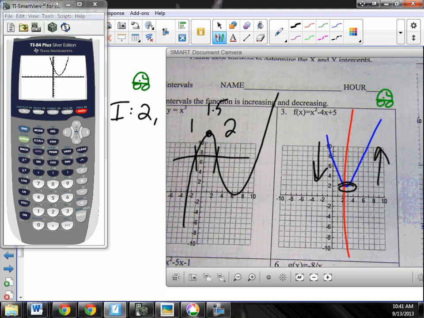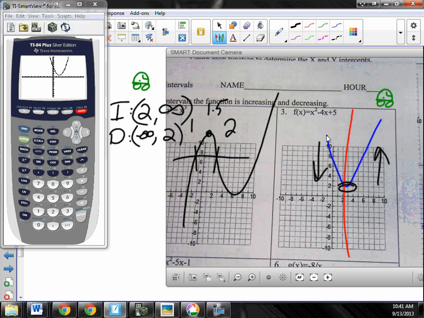So from 2 to infinity, it's increasing. When is it decreasing? Negative infinity to 2. So the left portion is going down and the right portion is going up. Okay.